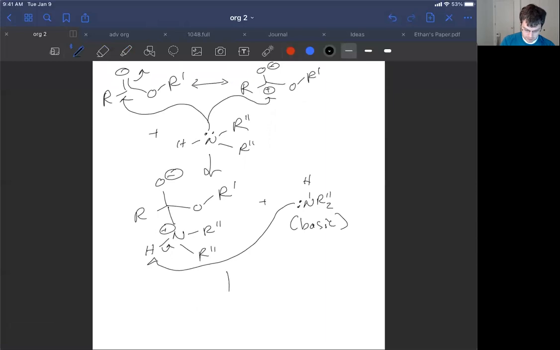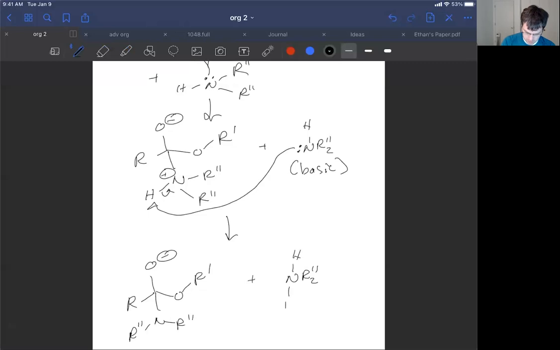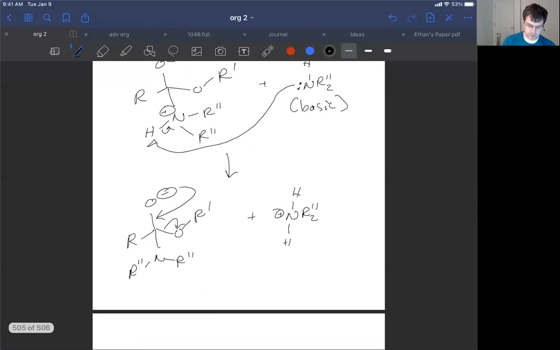If we do that, we make our tetrahedral intermediate now overall negatively charged. Turns out that the O minus is more basic, but before it deprotonates, or in addition to deprotonating, what it's going to do is kick off the OR group. So the oxygen is a better leaving group than nitrogen in this case.